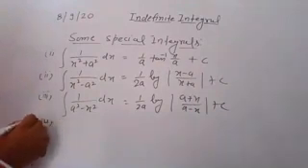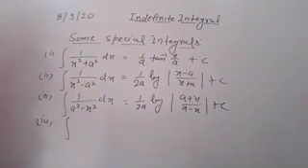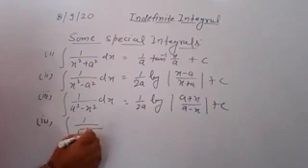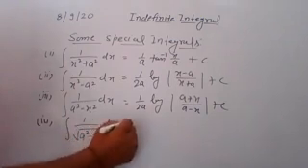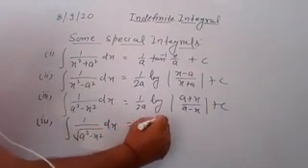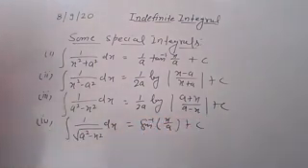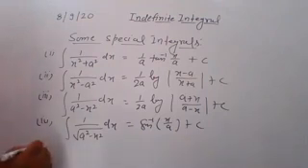Now the fourth one: integration of 1 upon under root a square minus x square dx is equal to sine inverse x by a plus c.